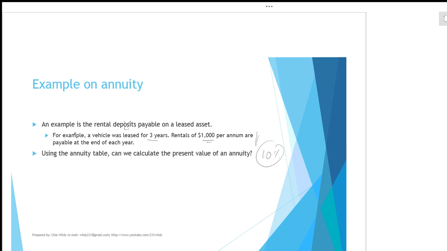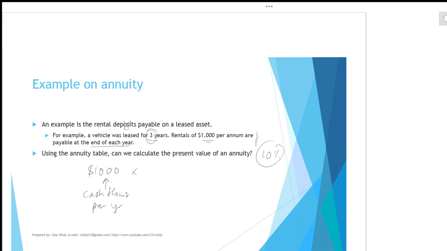So the cash flow per year is 1,000. We need to find out the cash flow per year before we can use this shorter method of determining the present value. So it's cash flow per year multiplied by, in this case, 3 years, payable at the end of each year.